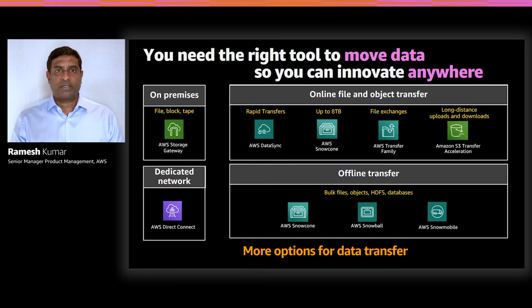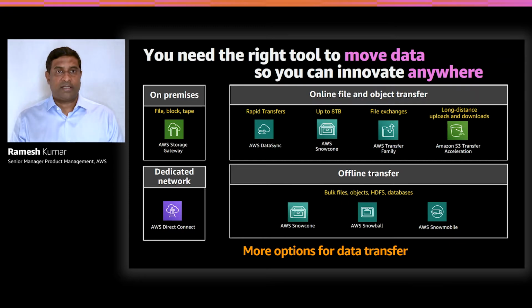AWS Snowcone comes pre-installed with AWS DataSync, which means customers can use Snowcone as a small online data transfer appliance to transfer up to 8 terabytes of data to AWS.